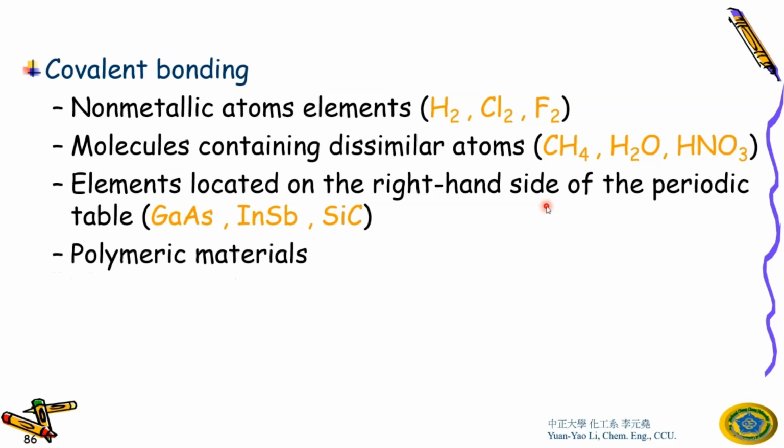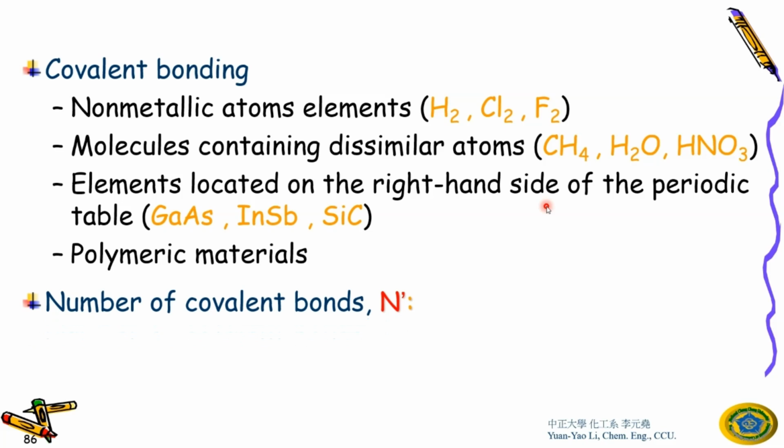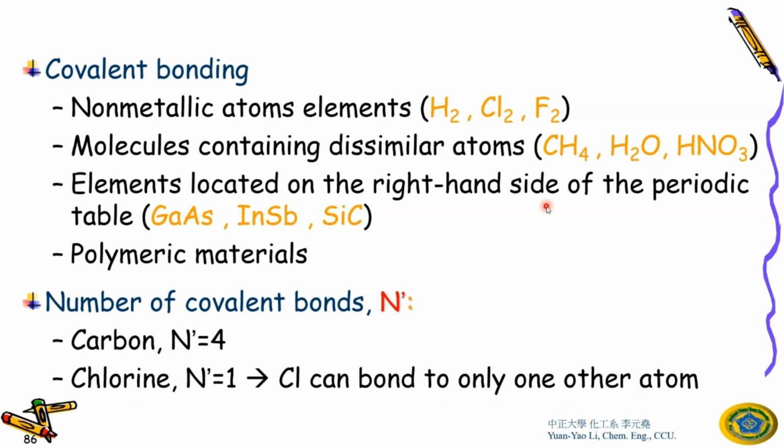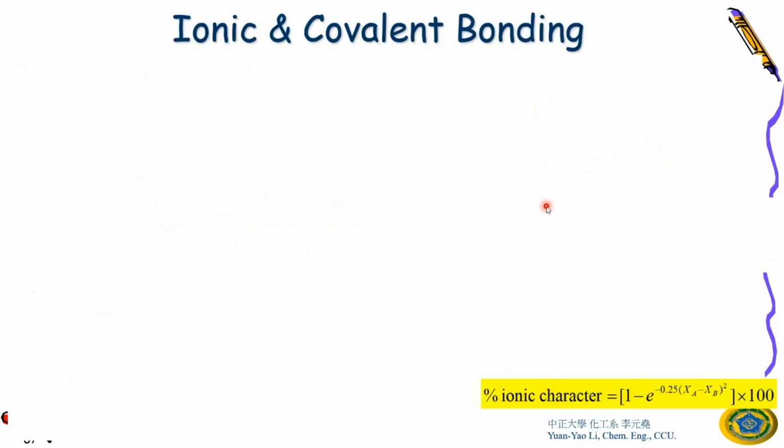And polymeric molecules also belong to covalent bonding. The number of covalent bonds, for example, carbon has 4 and chlorine has 1.